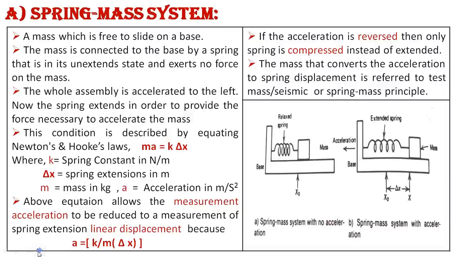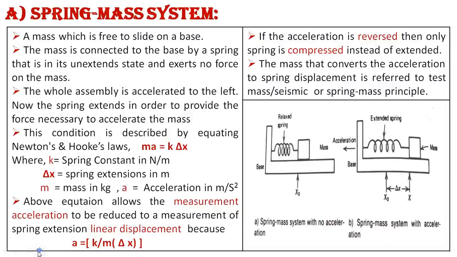ma = k delta x, where k is the spring constant in newtons per meter, delta x is the spring extension in meters, m is the mass in kg, and a is the acceleration in meters per second squared. The above equation allows the measurement of acceleration to be reduced to a measurement of spring extension, a linear displacement, because a = (k/m) delta x.